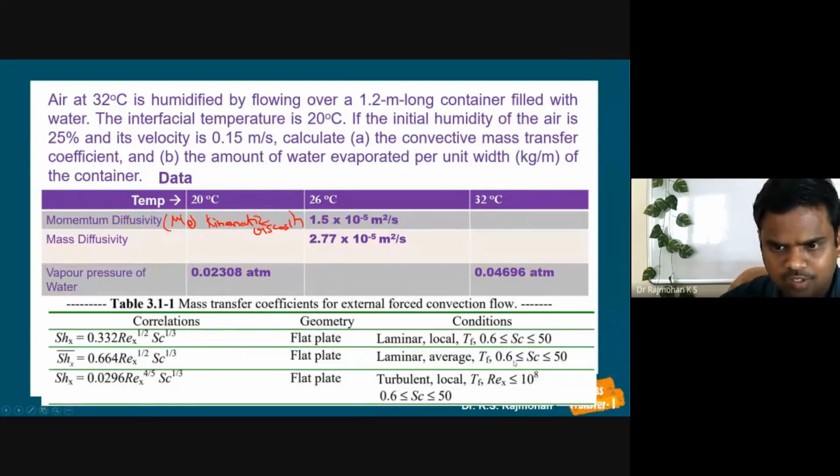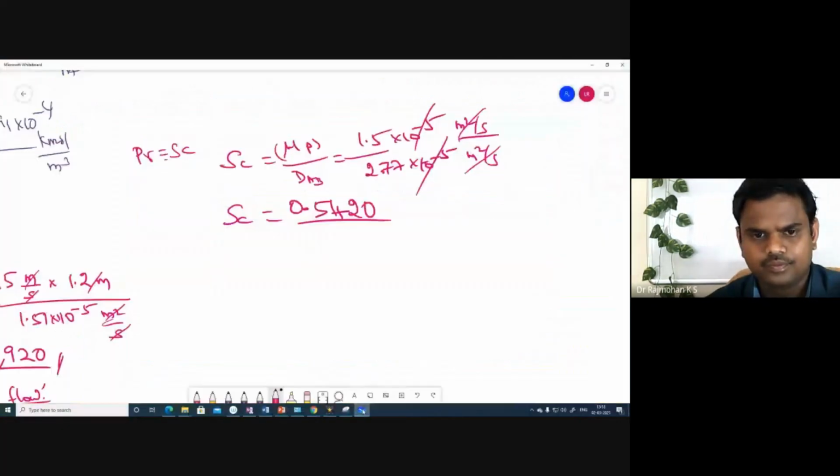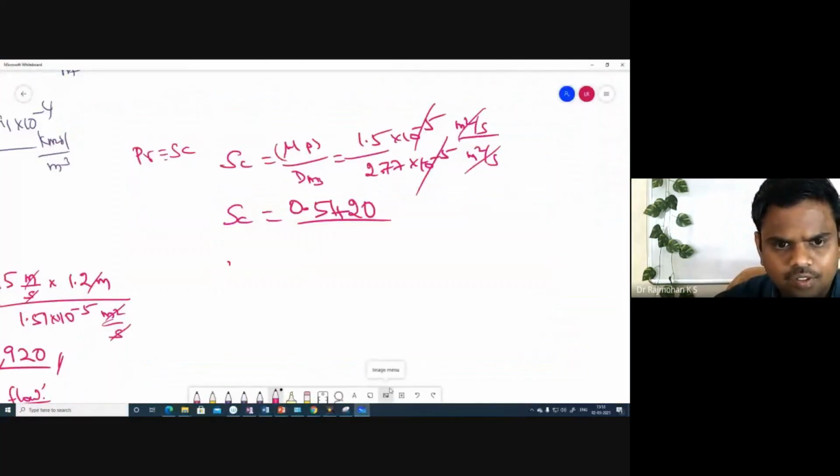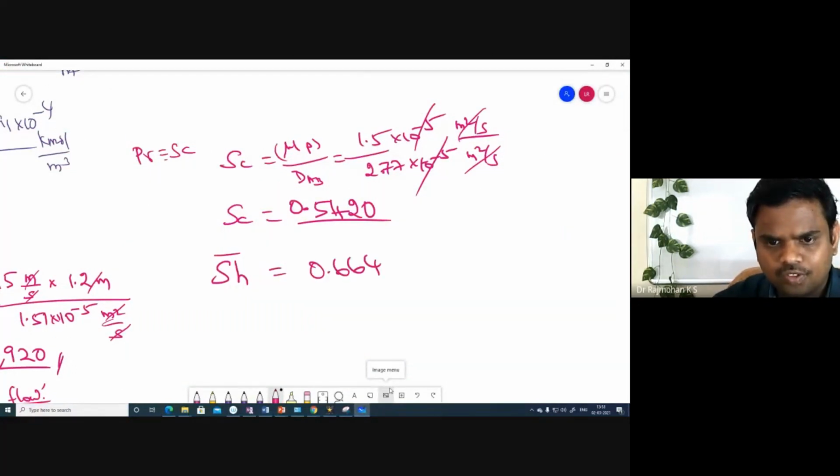So it is almost equivalent to 0.6. We can make use of the expression: average Sherwood number equal to 0.664 into Reynolds number power 1 by 2, Schmidt number power 1 by 3.